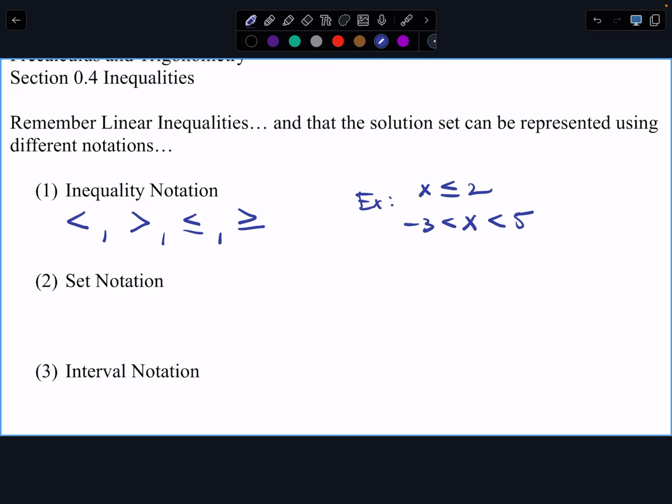Those are examples of using inequality notation. And that's probably in Algebra 1 where you would have started, right? Like you would have been presented with an inequality and then having to shade on the number line what values that inequality represents to make the connection between the number line and the inequality.